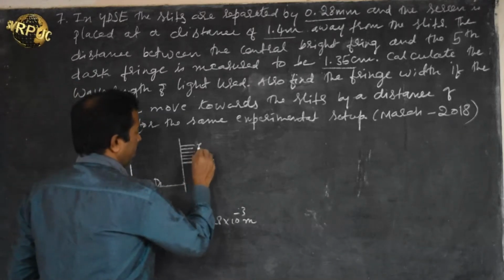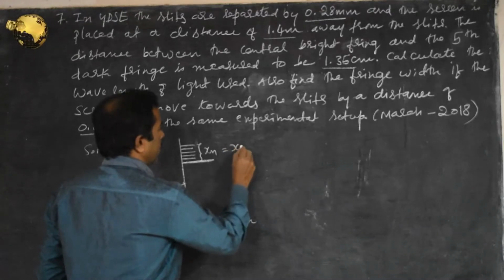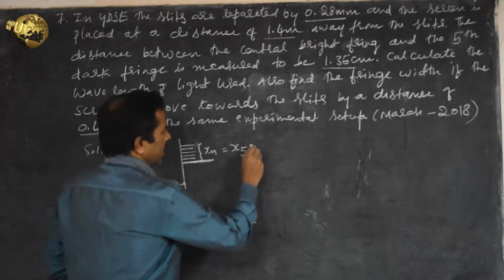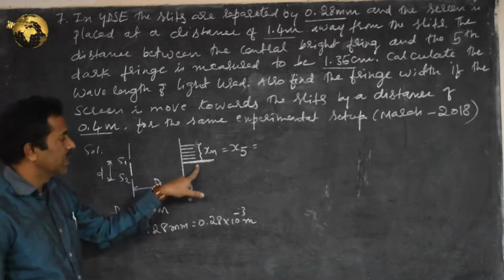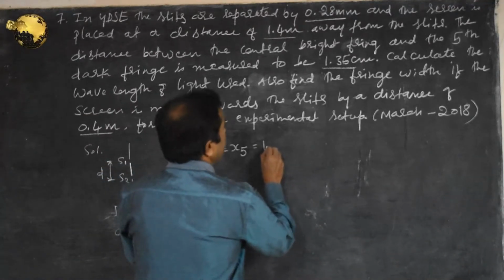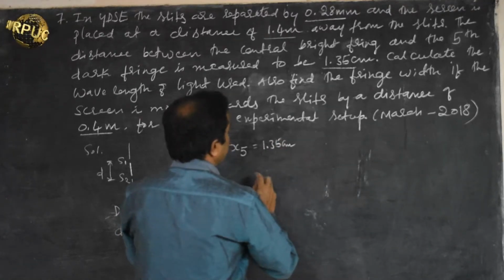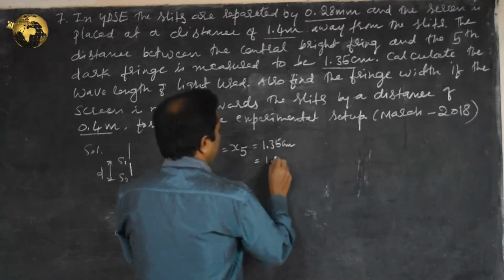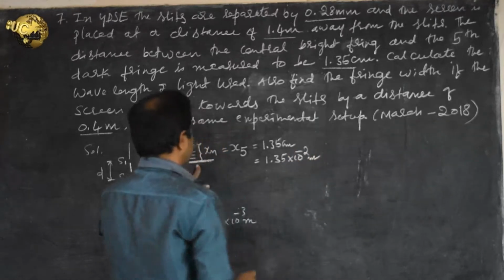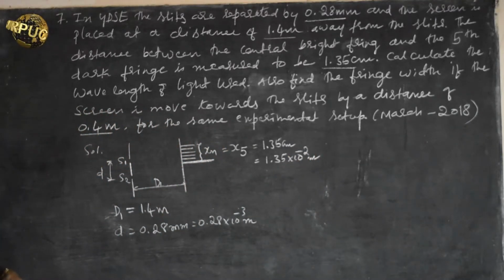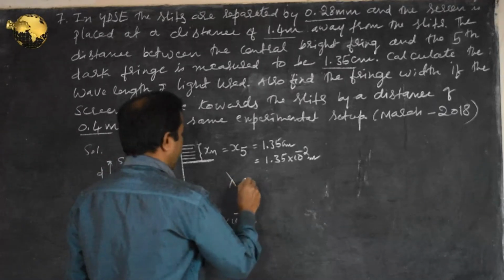So the distance of this is xn. x5 is given. The distance of the fifth dark fringe from the central fringe is 1.35 centimeter, which is 1.35 into 10 to the power minus 2 meter. Right, in the first case, we are going to calculate lambda.